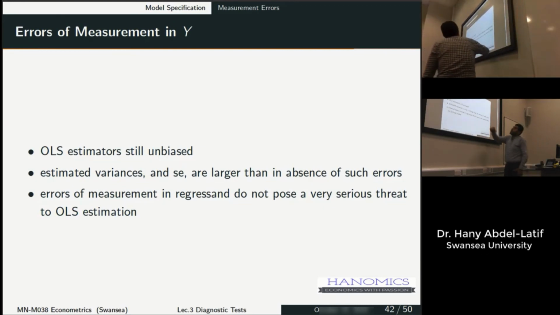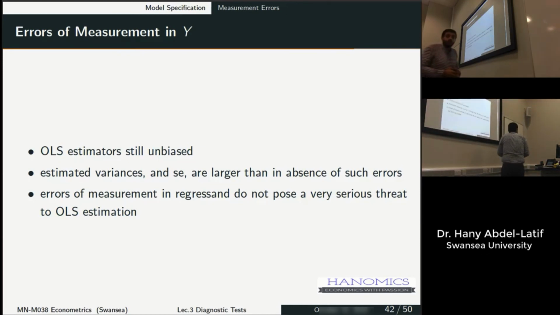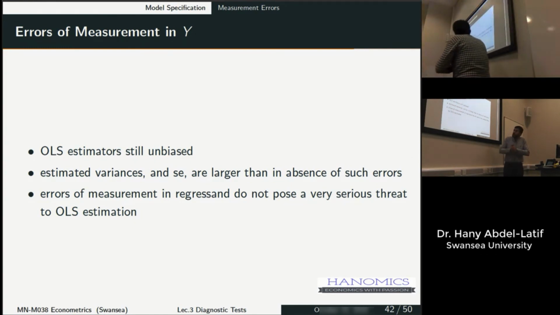If the issue is with the dependent variable, it's not that serious. Of course, you should make every effort to ensure you're not having any measurement error, but it's not as serious as the case with the regressors.